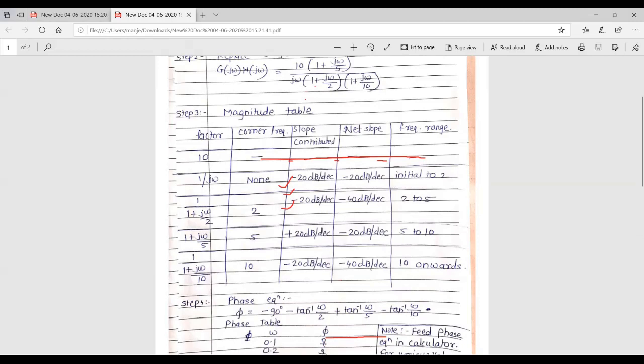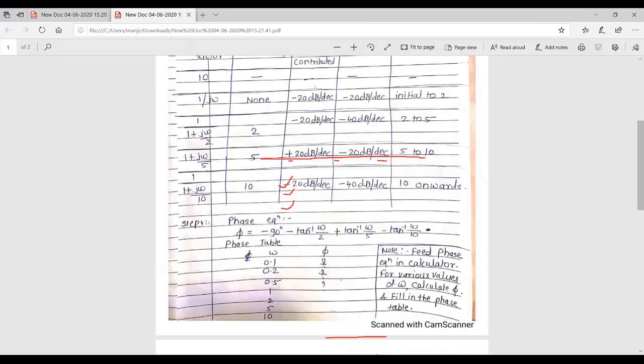That is why it should be written in ascending order of corner frequencies, because for the calculation of net slope, we need to know exactly at which point which factor starts contributing, and that has to be in sequence of corner frequencies. Okay. So once the magnitude table and phase table are clear, then you will be able to sketch the magnitude plot and phase plot on semi-log paper.